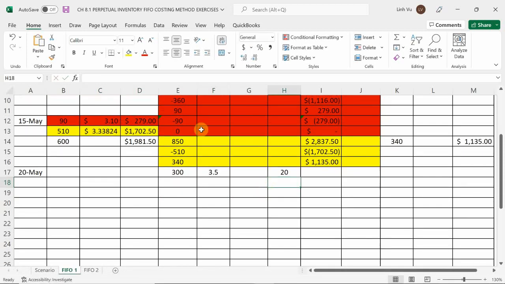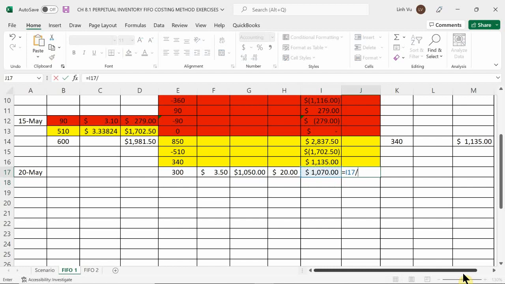What is going to be my total purchase price? 1,050, plus 20, 1,070. And that's going to give me my cost per item to be $3.57.